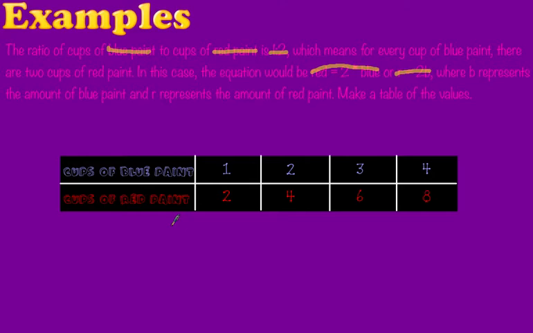Since there is 1 cup of blue paint, I can use that as my unit rate, and I know that for every 1 cup of blue paint, there are 2 cups of red paint. So my unit rate here would be 2, because it's 2 cups of red per every 1 cup of blue.